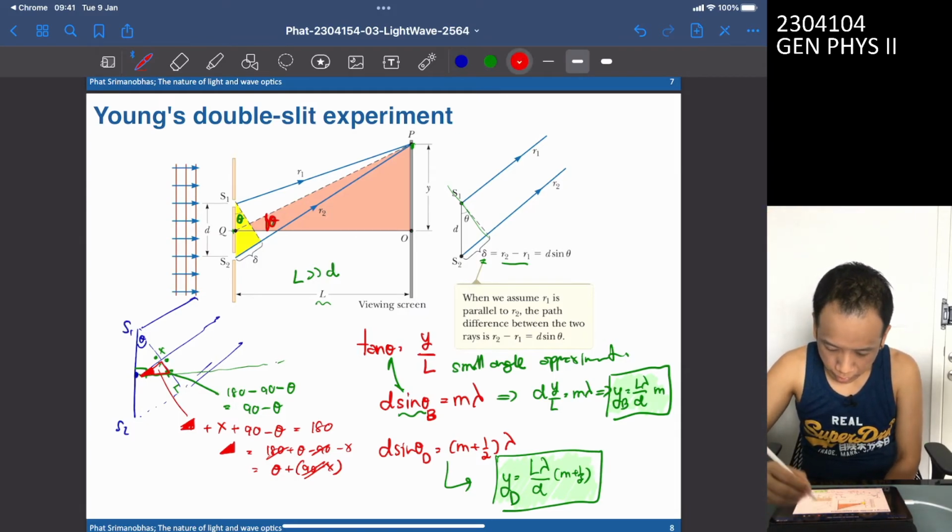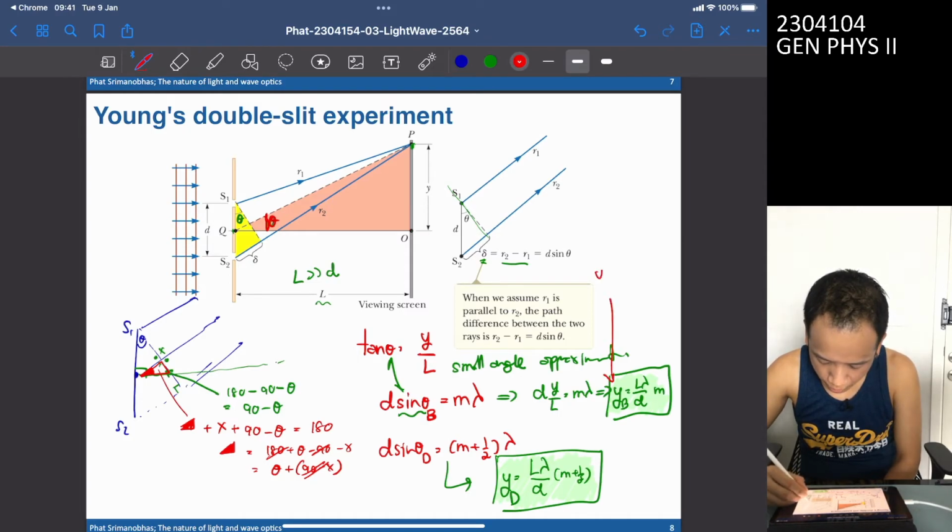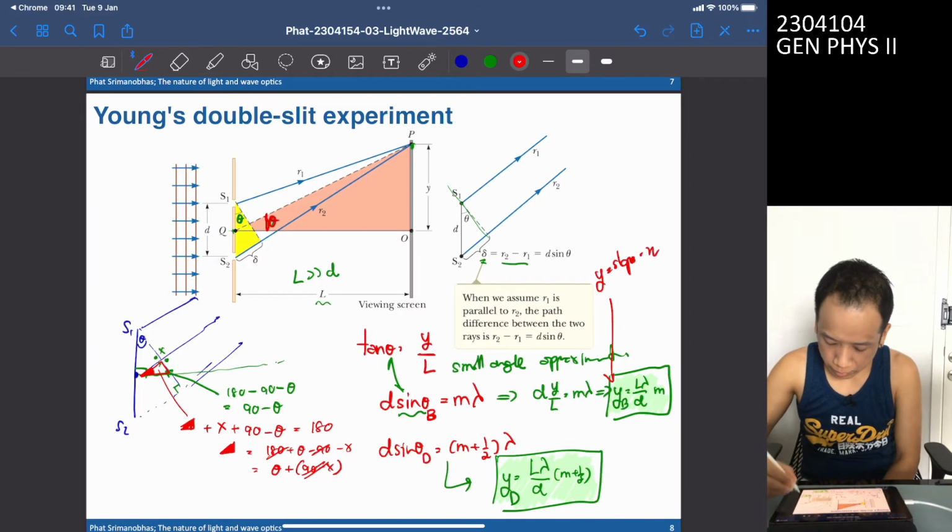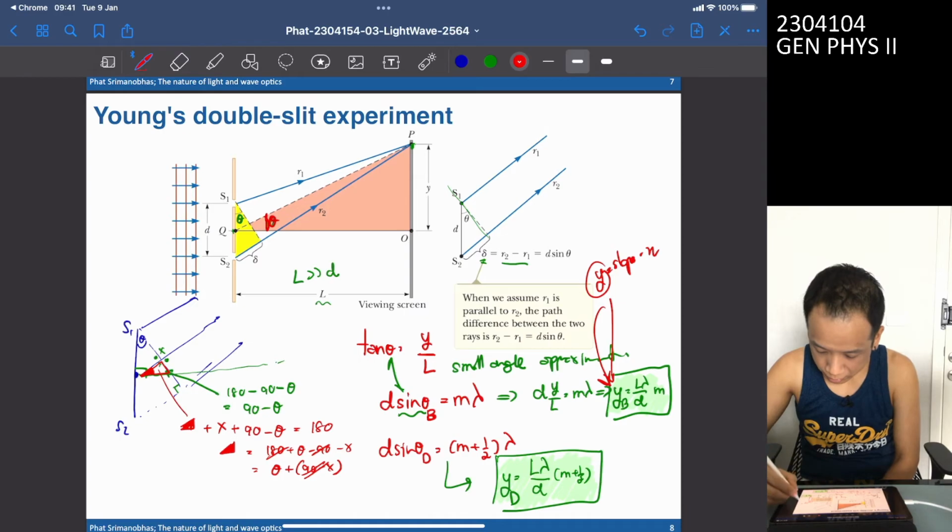So now you have the relation of y equal to the slope times x, where y is y bright or dark, and x is basically m.